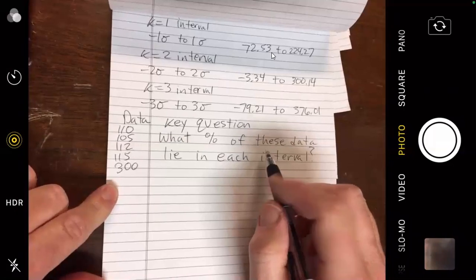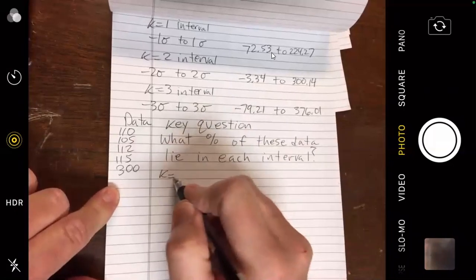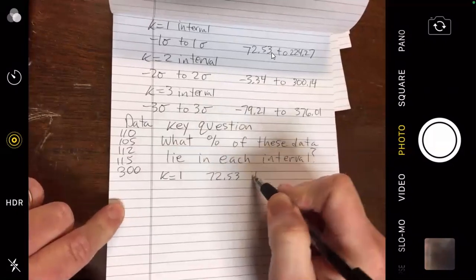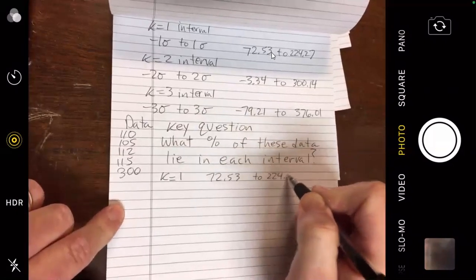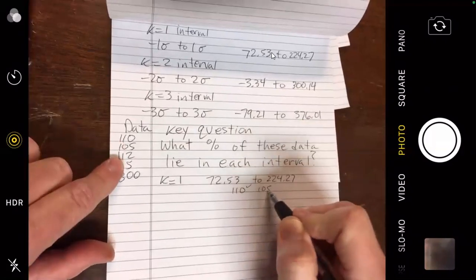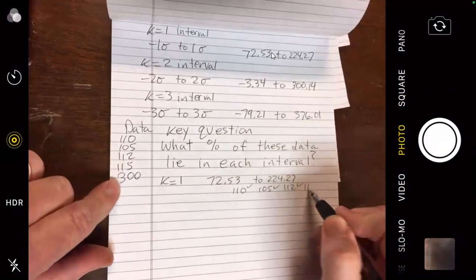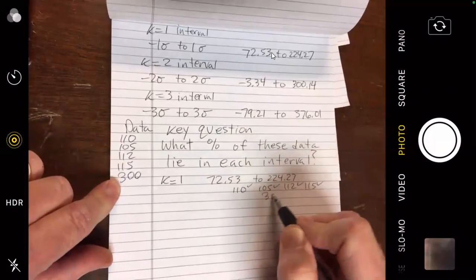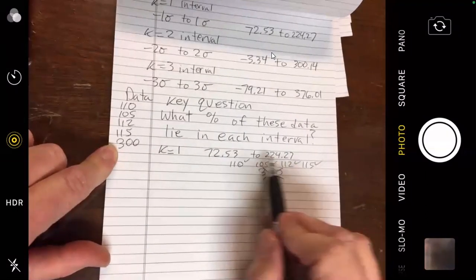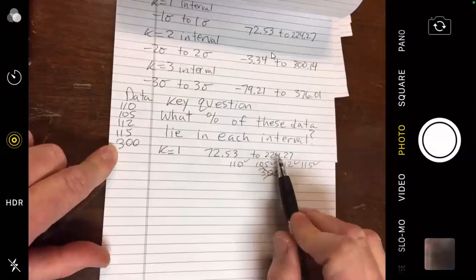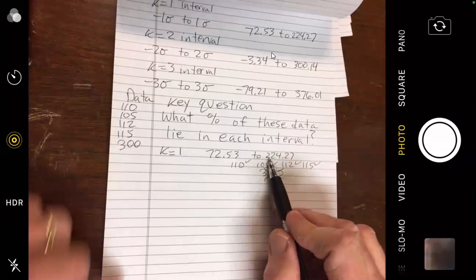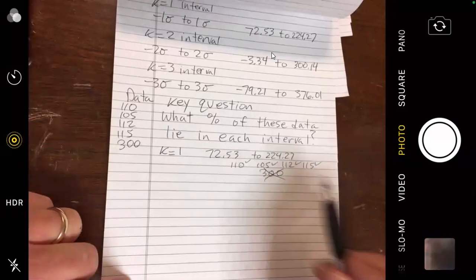Looking at k equal 1, we've got 72.53 to 224.27. The 110 is in, the 105 is in, the 112 is in, the 115 is in, but the 300 clearly does not. Each of these numbers lies inside the k equal 1 interval, within 1 standard deviation of the mean.